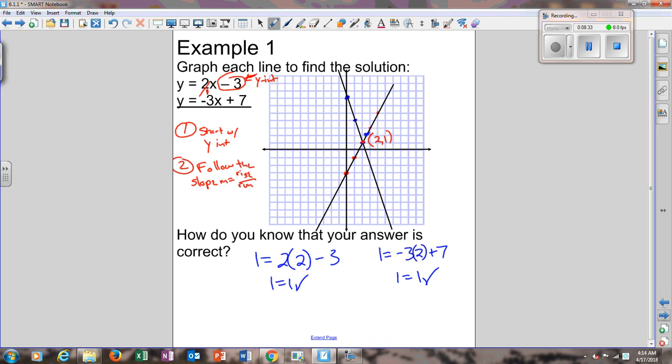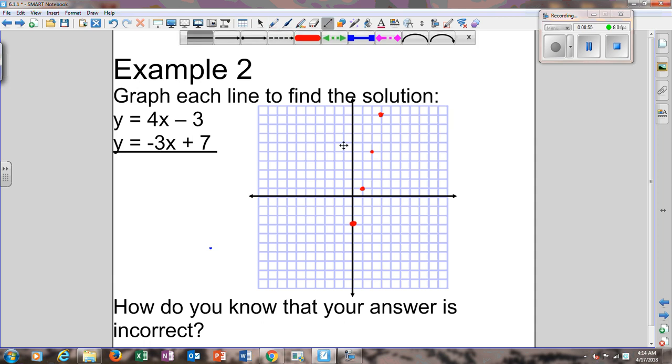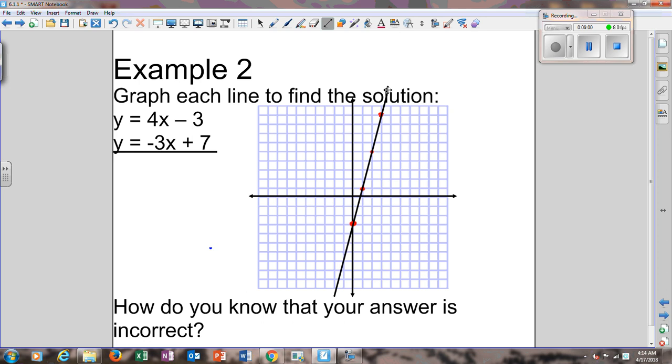All right, let's move on to example 2. Graph each line to find the solution. We start with our y-intercept by going down 3. You make a dot. You go up 4 over 1. Up 4 over 1. Draw your line. The next one is negative 3x plus 7, so you go up 7.